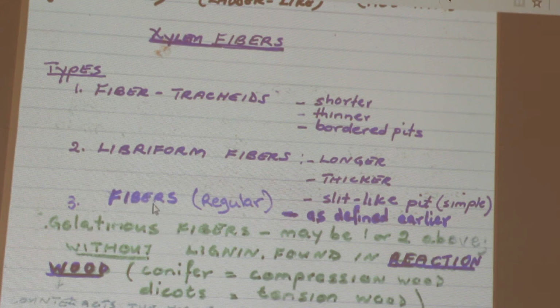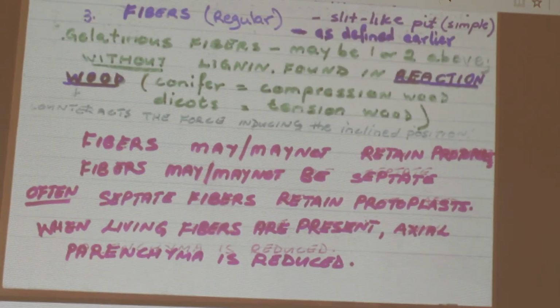Now with fibers, we do have, in very rare cases, what we call gelatinous fibers. That means they look like fibers, but they are not hard. These are found in what we call reaction wood, and this is the wood that will be in the pulvinus, or where the branch has to be able to bend.